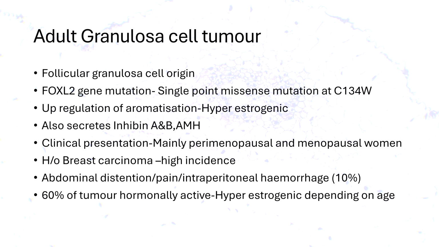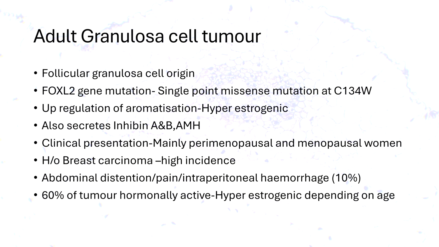Clinically, adult granulosa cell tumor mainly affects perimenopausal and menopausal women. The most common age group is around 50 to 55 years, and even a history of breast carcinoma can be elicited in a high percentage of these women.